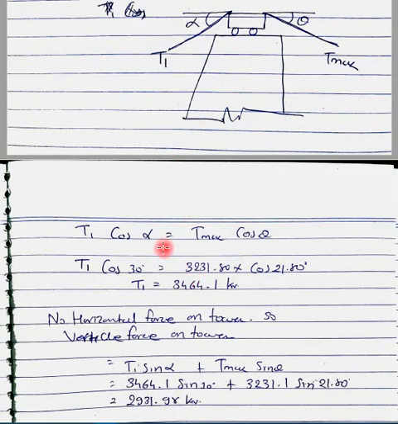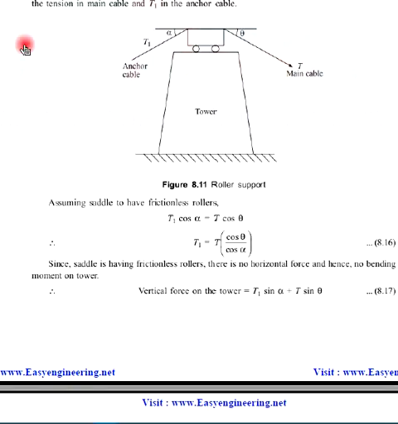See here, what is the equation of T1? T1 cos alpha is equal to T max cos theta, where alpha is 30 degrees, which is given in our example, and theta we have already determined. So our T1 will be 3464.1. Now by using this T1 we can determine the vertical force acting on our tower using T1 sin alpha plus T sin theta.